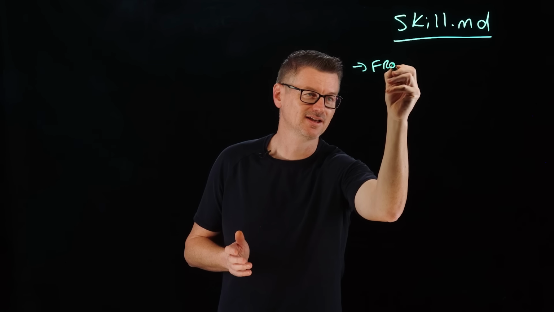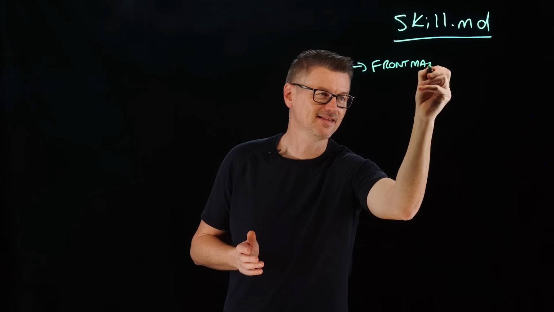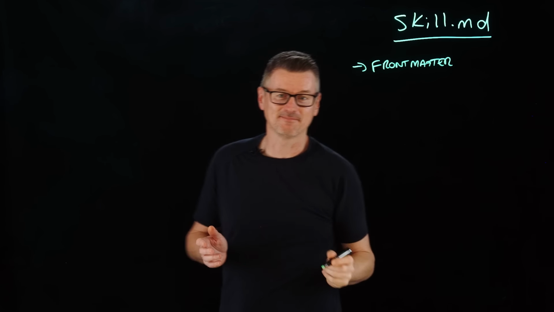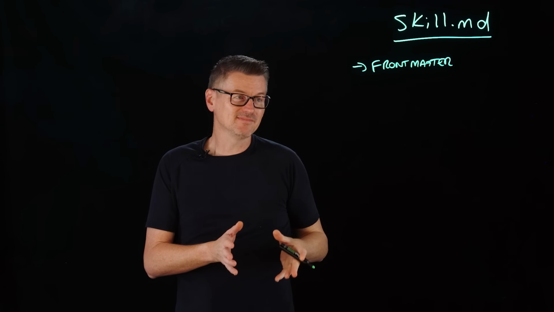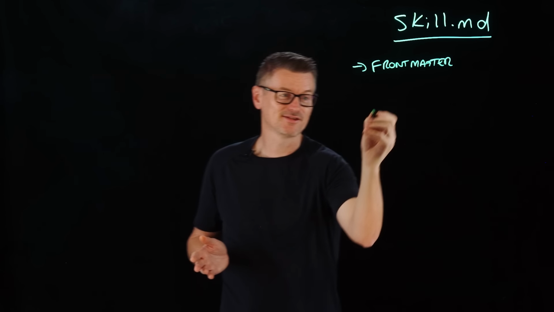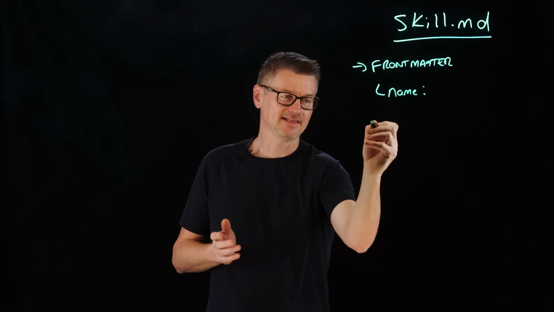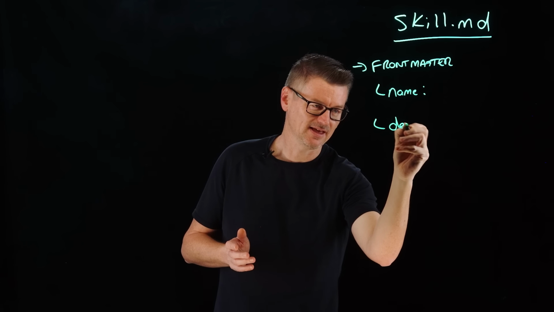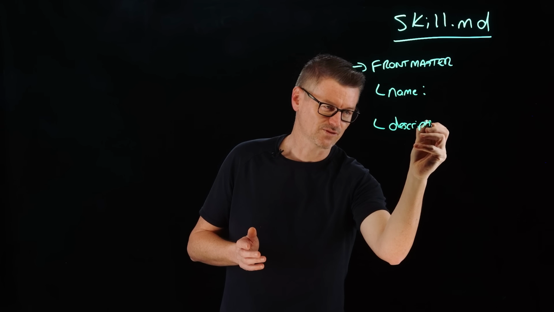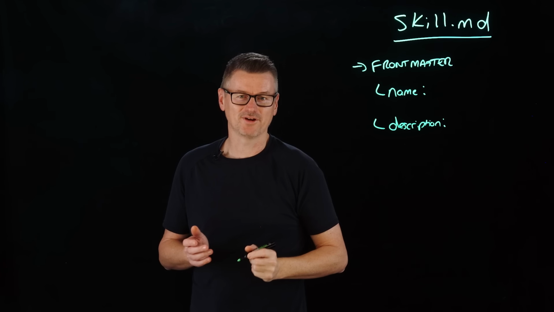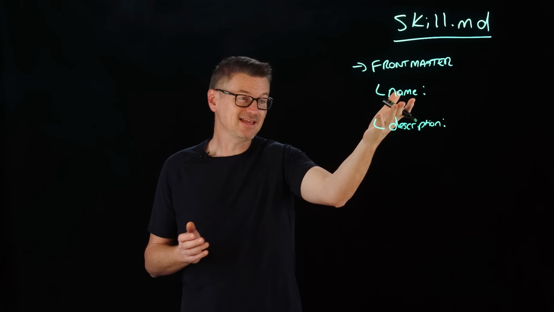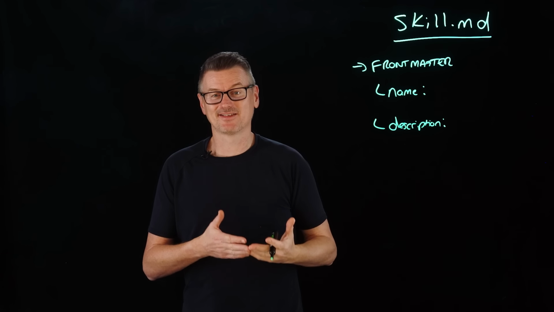So let's have a look at what is defined in the front matter. Well, at a minimum, there are two things. There is a name and there is a description. These are the two mandatory fields. Now, the name identifies the skill.